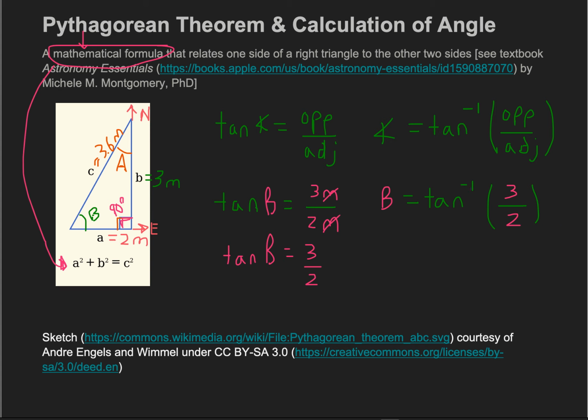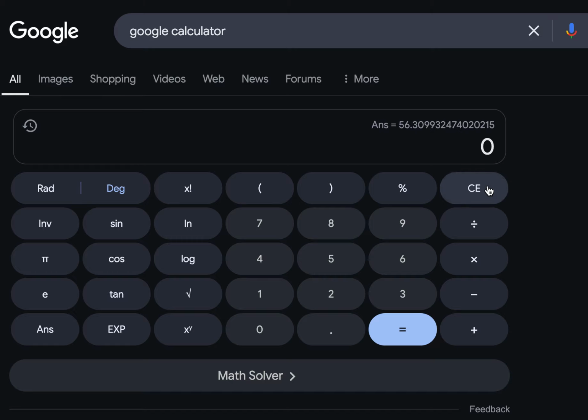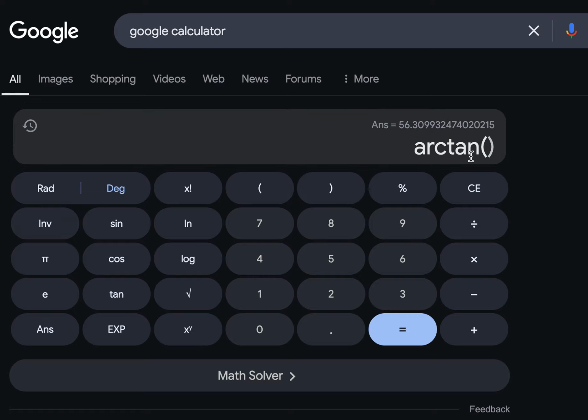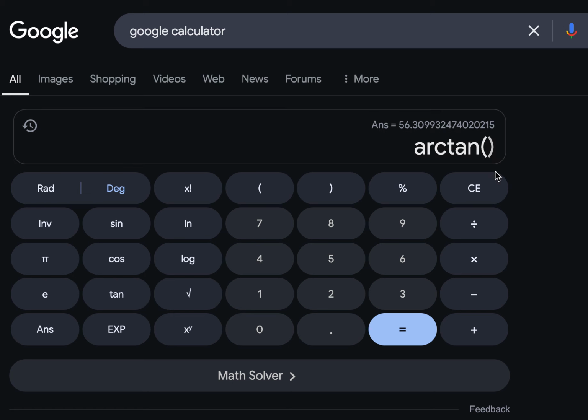Well, let's go to our Google calculator. Here's our Google calculator, and we have to decide if we want to solve in radians or degrees. Degrees is highlighted, so let's solve for it. Now we want to look not for tan, but for the inverse, and there's our tan inverse key. So we click on tan inverse. And we see arctan up here, open parentheses, close parentheses.